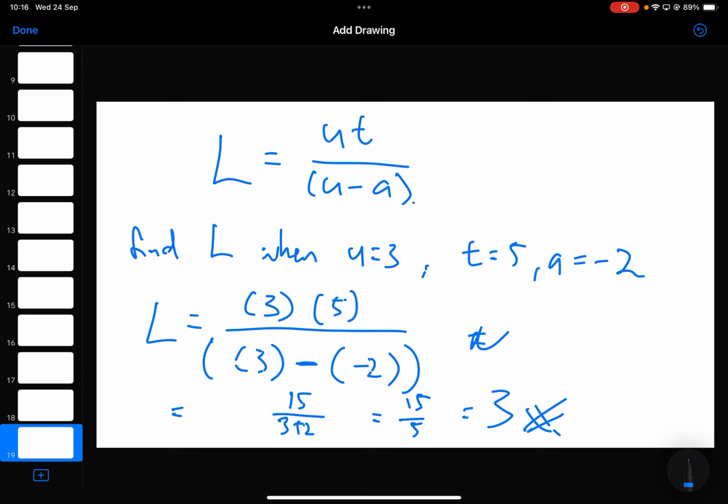When you remember to put your bracket, here will become 3 plus 2 instead of 3 minus 2, because we are subtracting -2. So the bracket will help us.